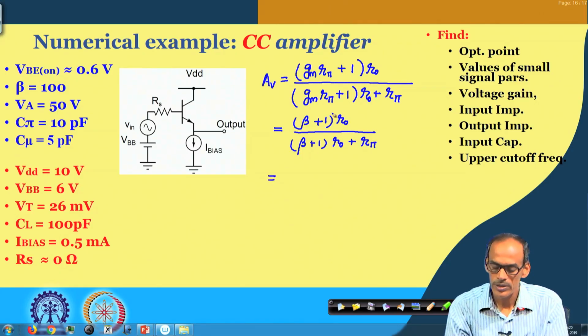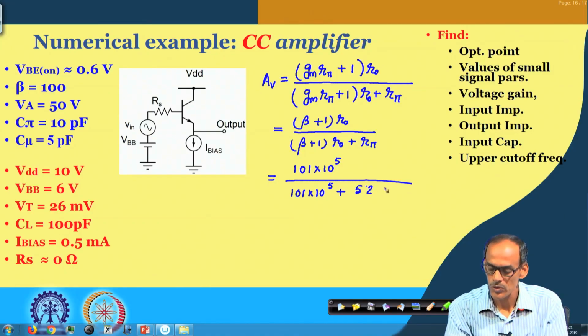So, in the numerator, beta is 100, and r naught, what we said is 100 K. So, 101 into 100 K, 10 to the power 5, divided by 101 into 10 to the power 5 plus 5.2 K, 10 to the power 3.